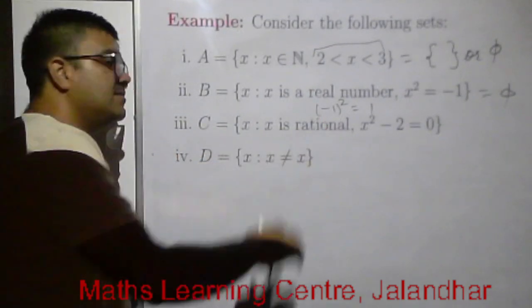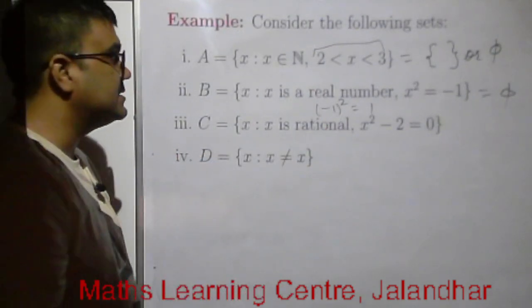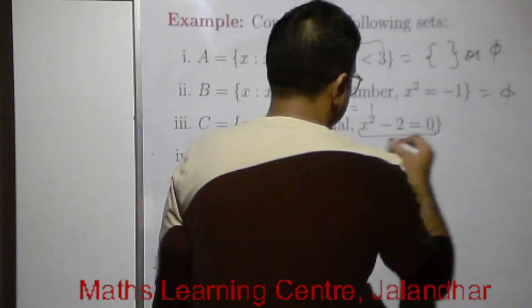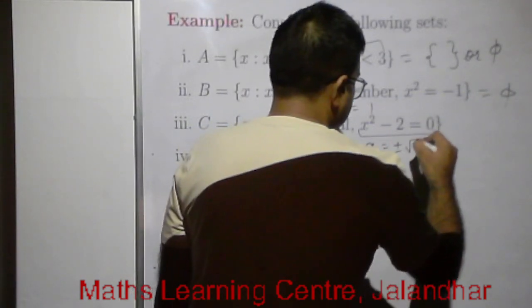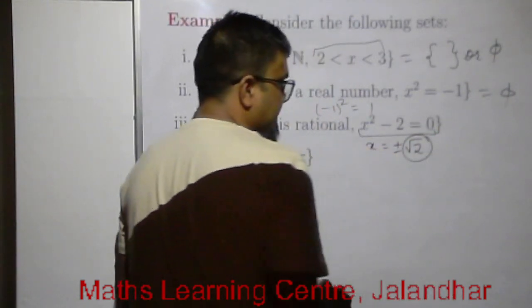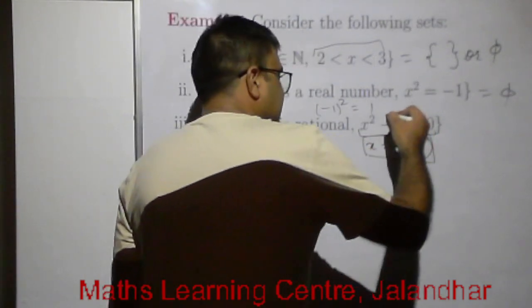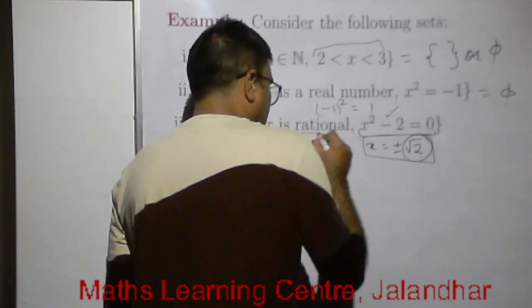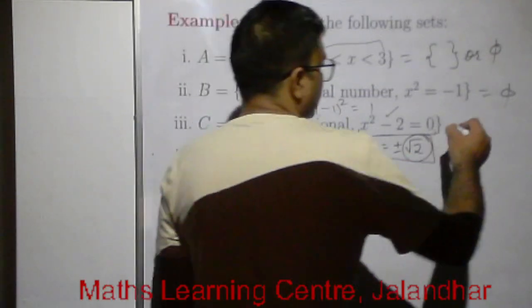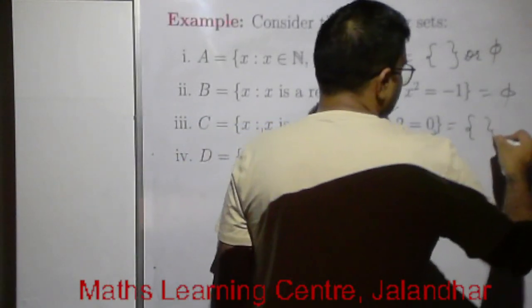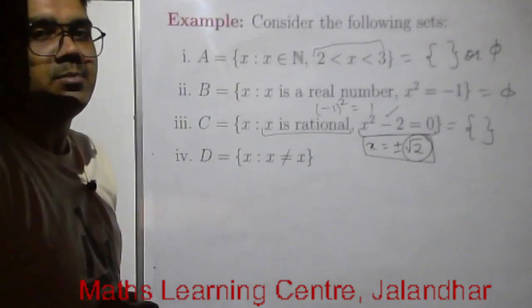Then, x is a rational number and x square is equal to minus 2. If we solve this equation, we obtain x is equal to plus minus square root 2. Square root 2, we know, is irrational. So there is no x which satisfies x square is equal to minus 2 and x is a rational number. So this set is also an example of an empty set.